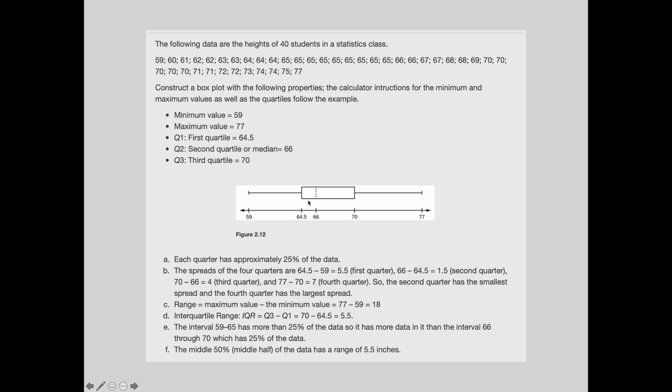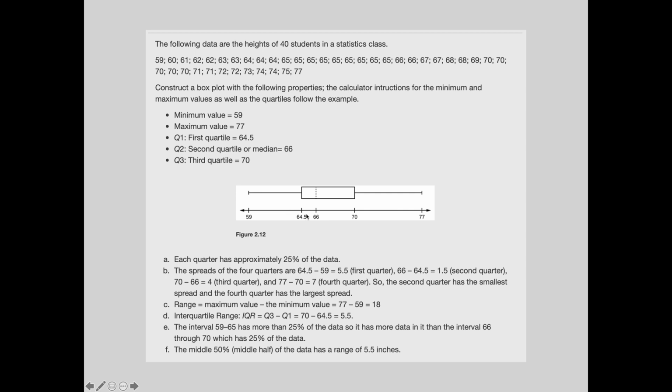So, in other words, each of these intervals, from 59 to 64.5, 64.5 to 66, 66 to 70, and 70 to 77, they all have about 25% of the scores. And when you go past 64.5 to 65, well, you're getting past 25% of the scores from 59. It has to be more than that, okay?